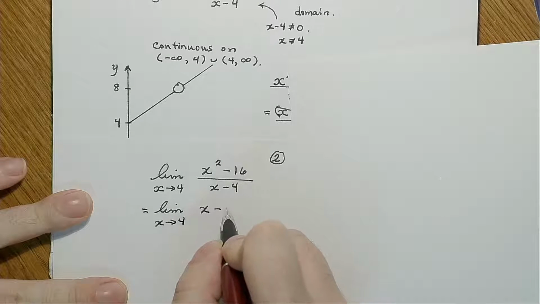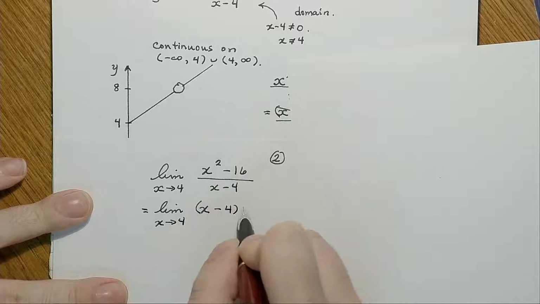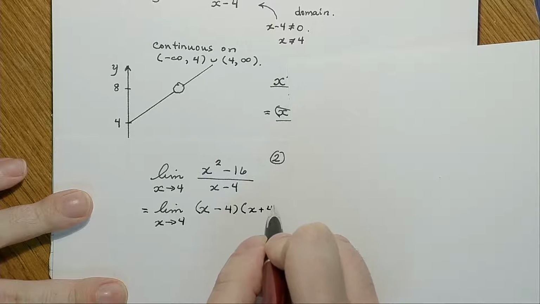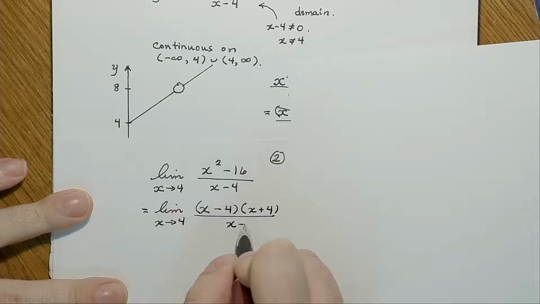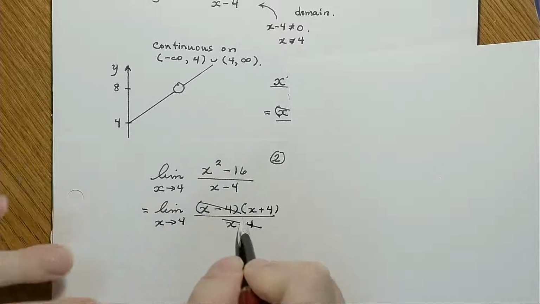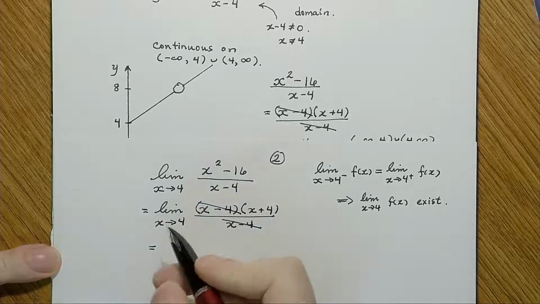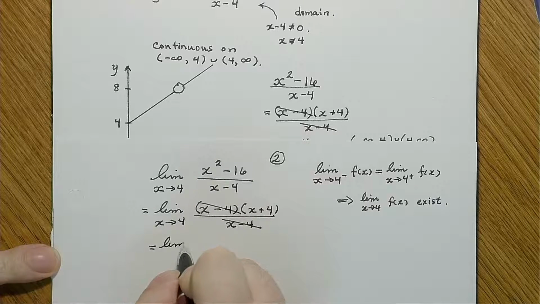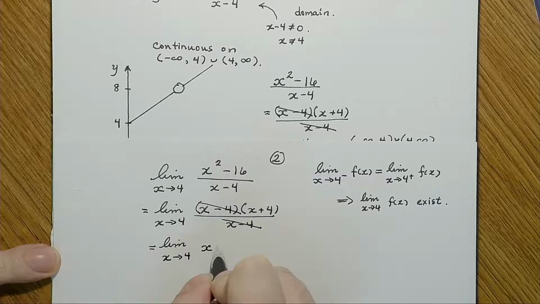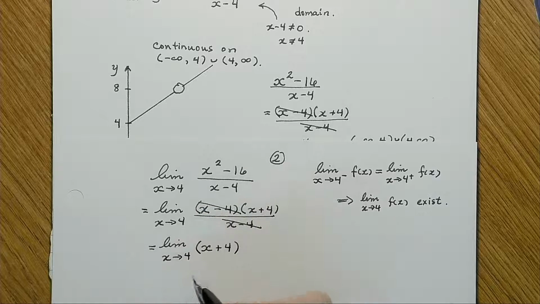Using my difference of squares again, I can just rewrite what I had currently on the first page. And so I'm simplifying that down. And at that point, I don't have any issues with the denominator being 0.